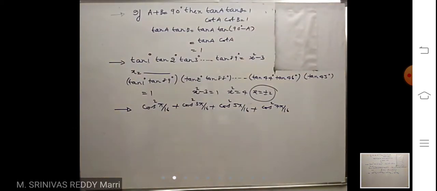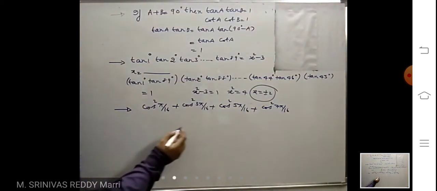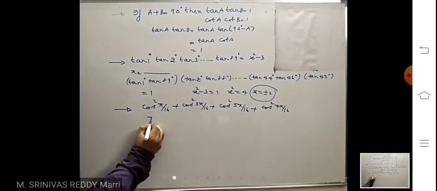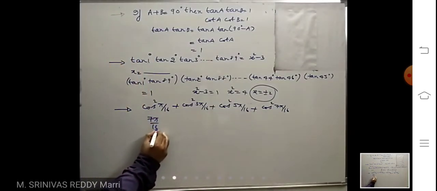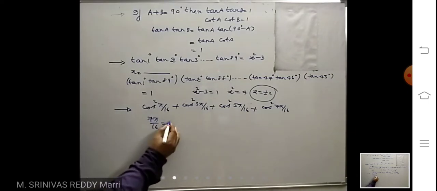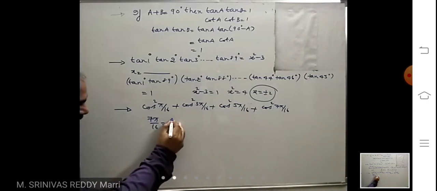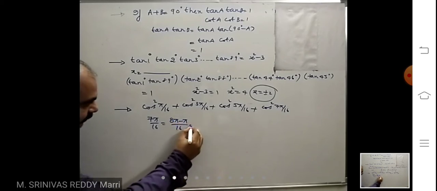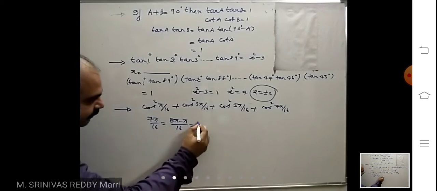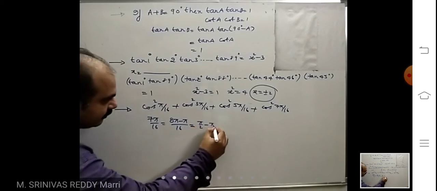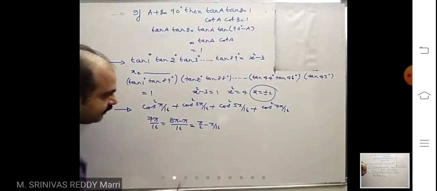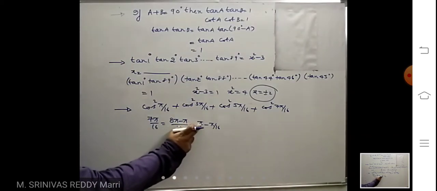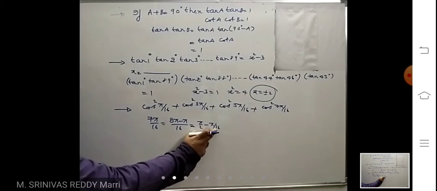If you look at this, this is pi by 16. If you look at 7 pi by 16, 7 pi can be written as 8 pi minus pi, divided by 16. So 8 pi by 16 means pi by 2 minus pi by 16. That means 7 pi by 16 is nothing but pi by 2 minus pi by 16.